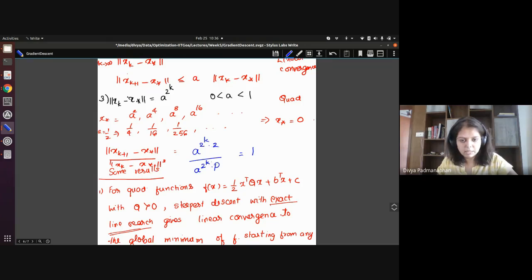So this will be some p here, right? And if p is greater than 2, then this will be smaller, because a is less than 1. So for any power p greater than 2, this is not going to converge. And this will be 1 only if p is 2.